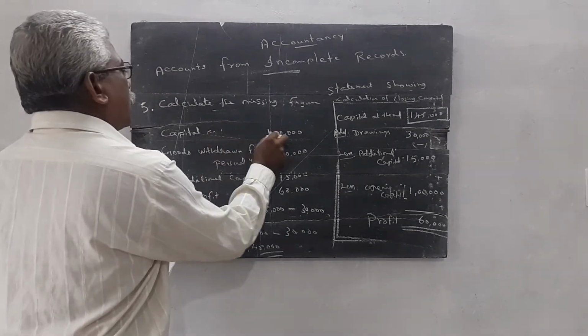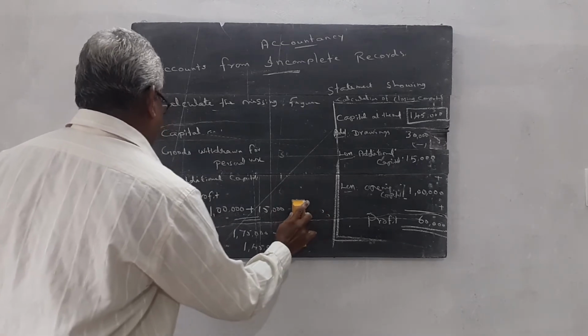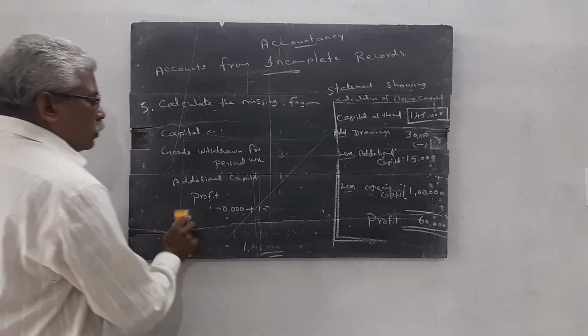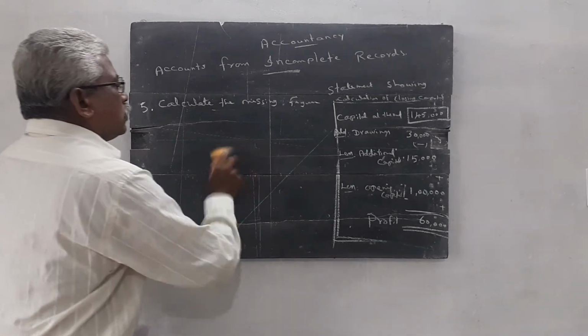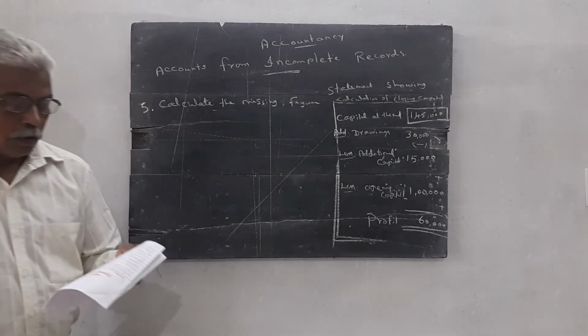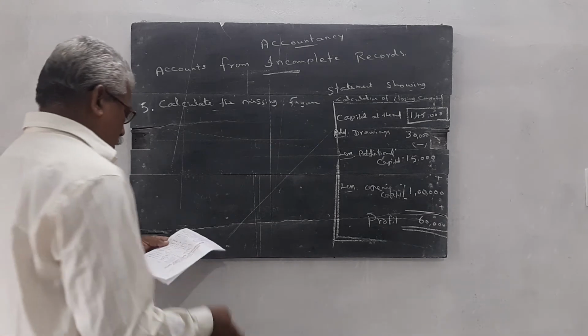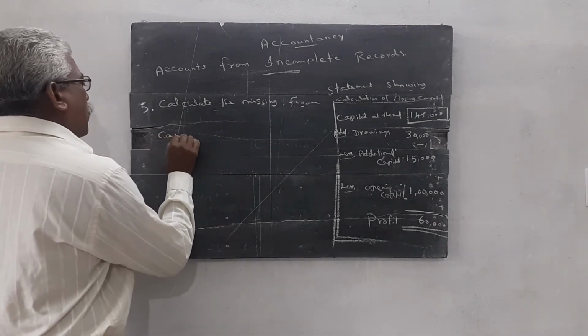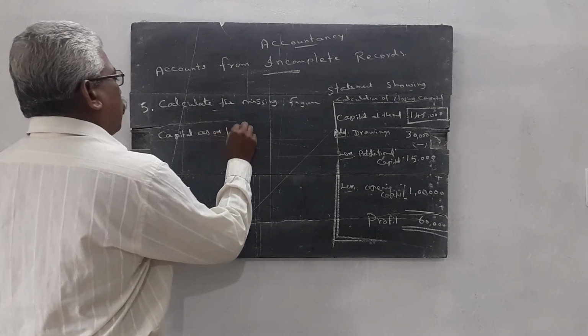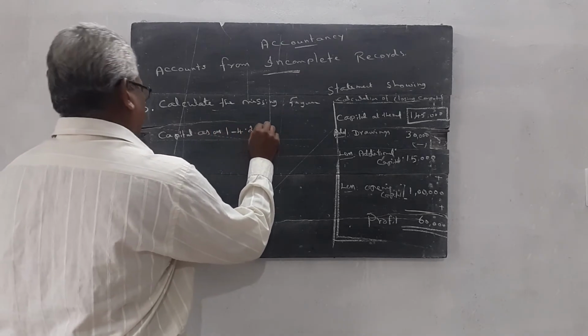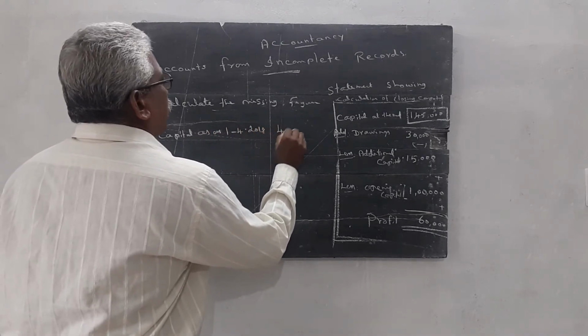Here in this question, capital as on 1/4/2018, 40,000.